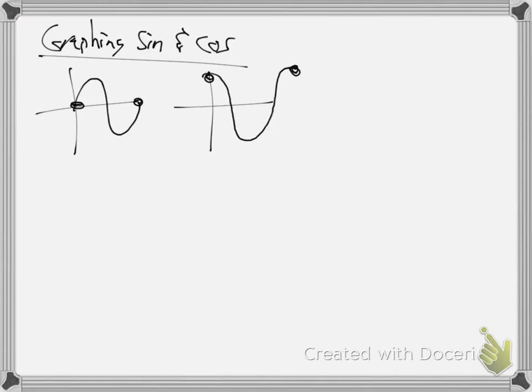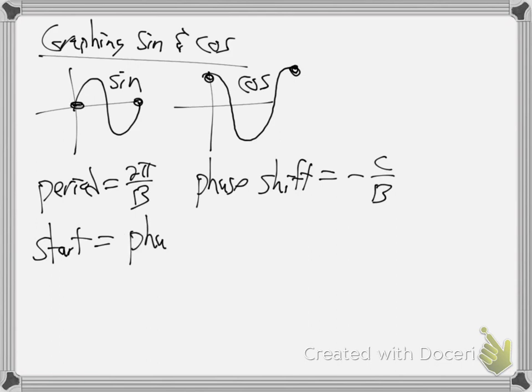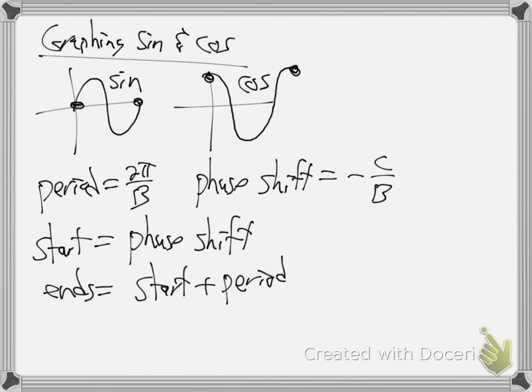It's a U-shape. That's sine, cosine, and we know the period is 2 pi over b, and the phase shift is negative c over b, and the graph starts at the phase shift, and it ends at the start plus the period. Okay, so there's the facts, how you graph sine and cosine pretty much all the time.